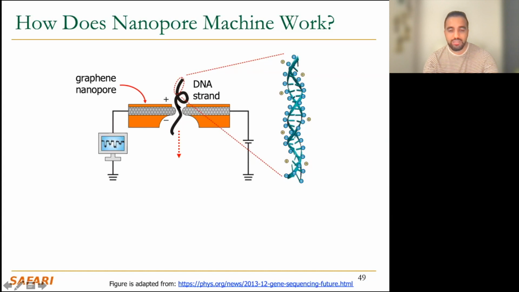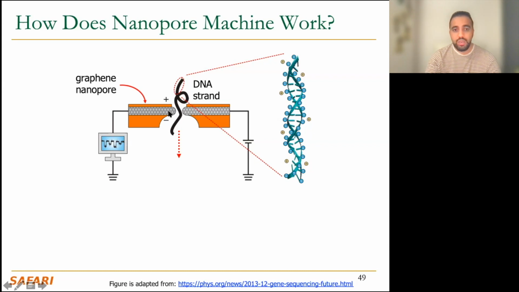This is the DNA strand, or the target strand that we are going to sequence. There is nothing controlling it except the weight of this DNA strand and gravity. So gravity will let this DNA strand just glide down through this pore.